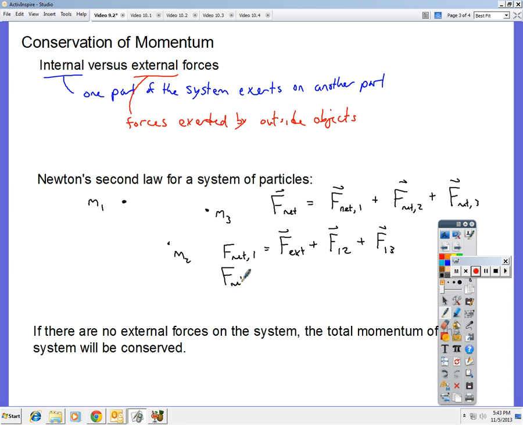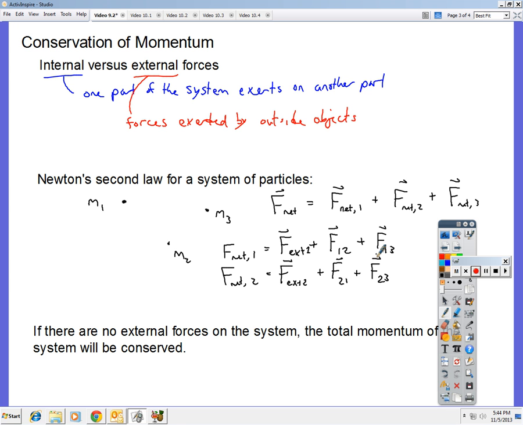But we're also going to look at the net force on particle 2, and that's going to be an external force on particle 2, plus the forces on particle 2 from particle 1 and from particle 3, and so on for the net force on particle 3.